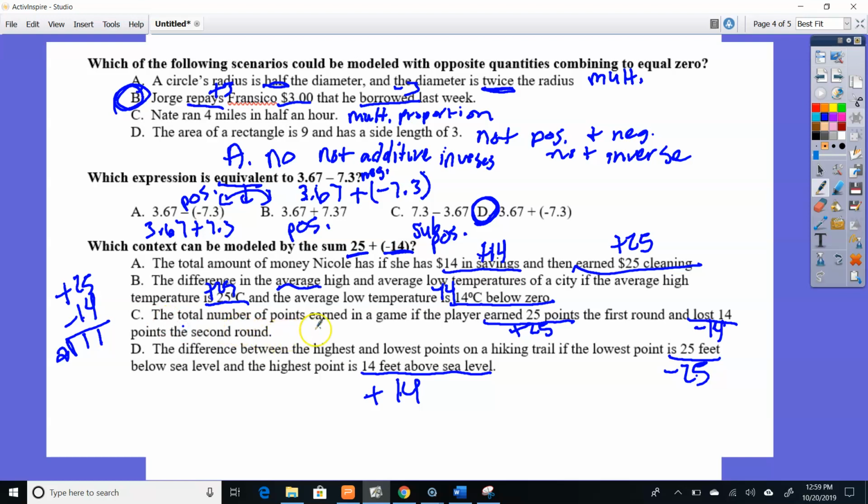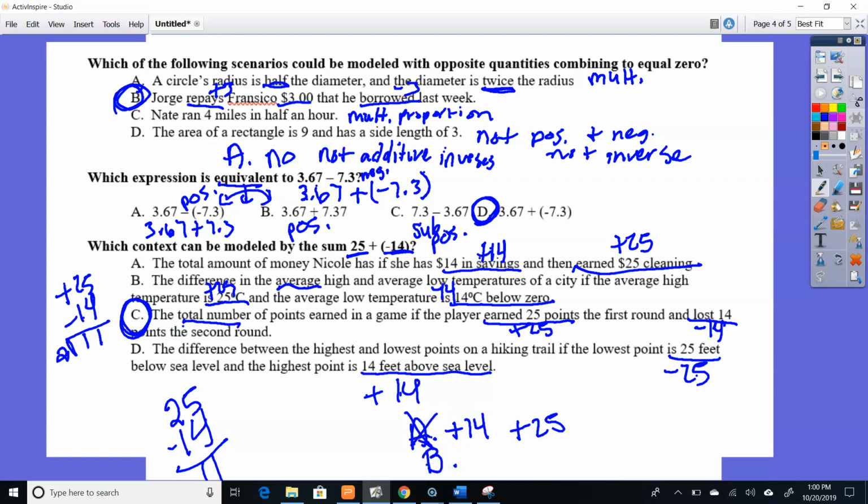C, the total number of points. So total means all we're doing is we had this many points, 25, and then we lost this many points, and that gives me 11. So C is my final correct answer. Okay. Again, you could be writing A was positive 14 and positive 25, so that's not the answer.